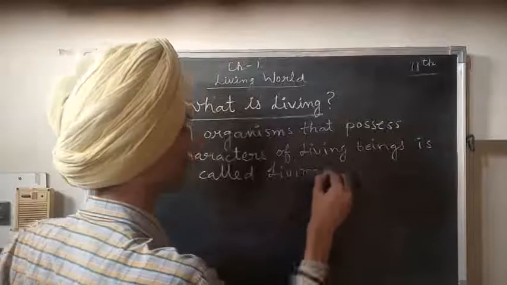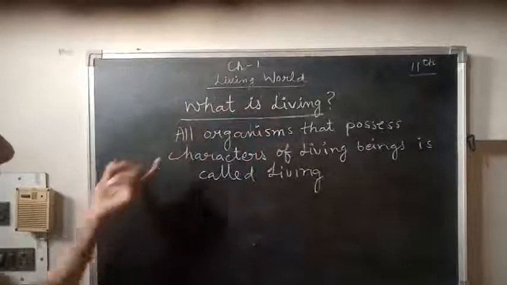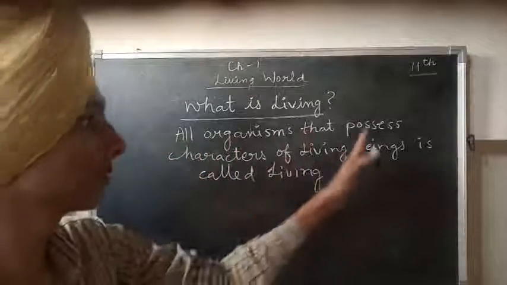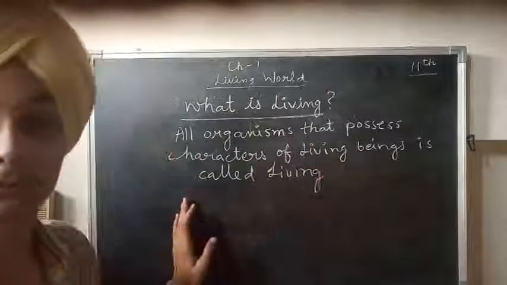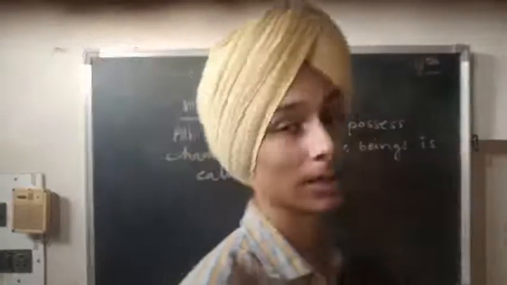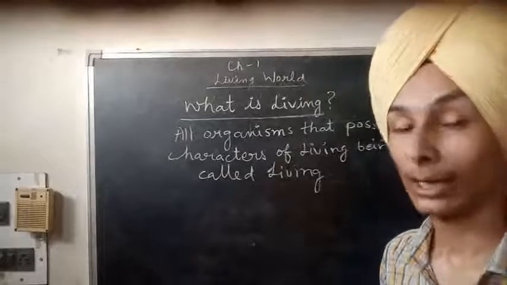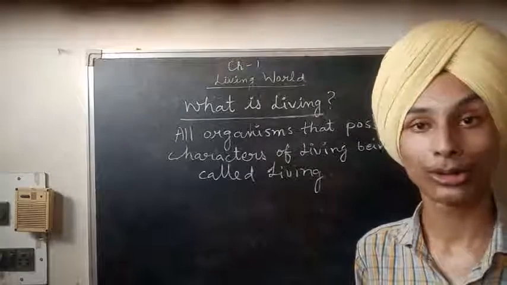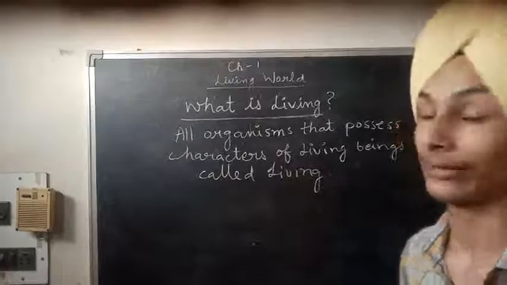What is living? Living means all organisms that possess the characteristics of living beings are called living. It means all characters of living beings, that is cellular organization, metabolism, growth, consciousness, reproduction, locomotion, etc.